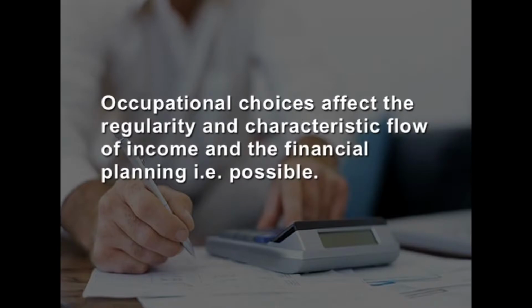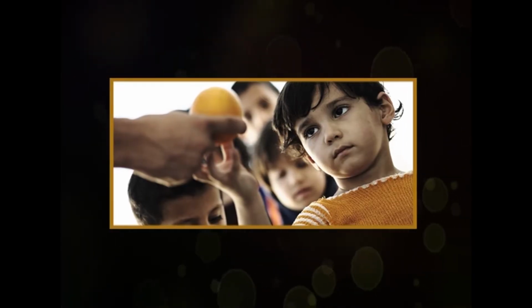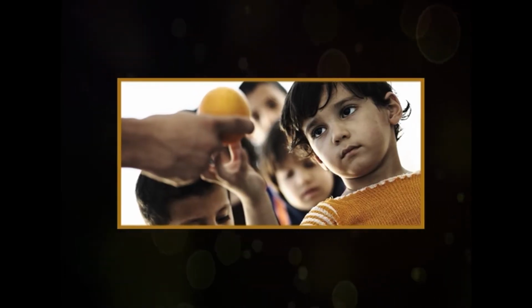Occupational choices affect the regularity and characteristic flow of income, and the financial planning that is possible. The standard of living that can be exchanged for financial resources depends not only on how much income is available, but even more importantly on the regularity and stability of income.